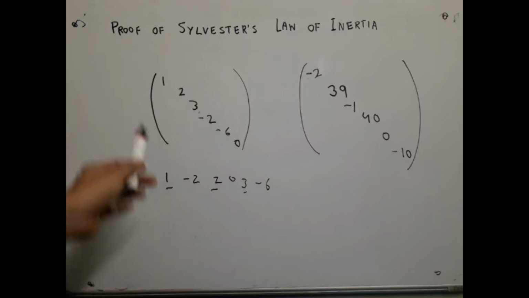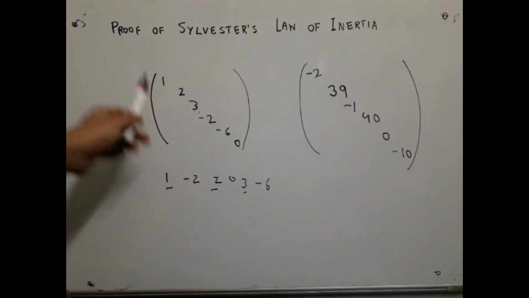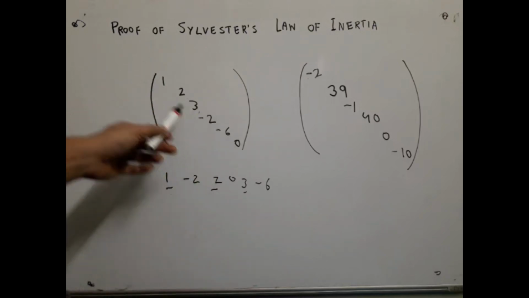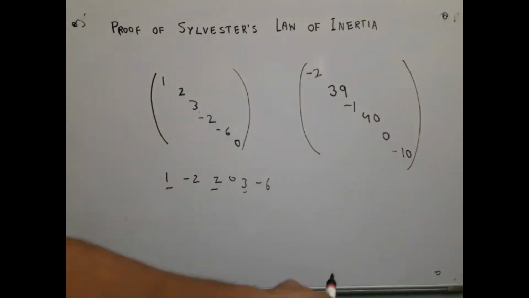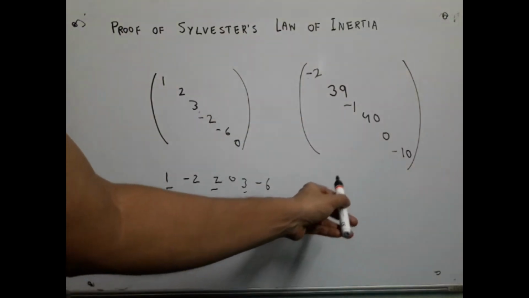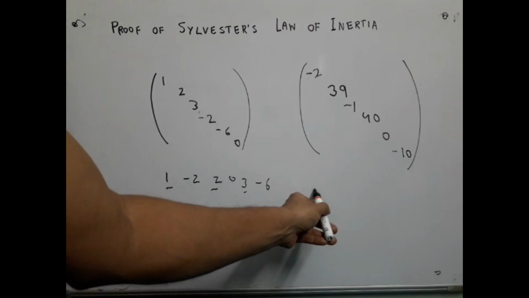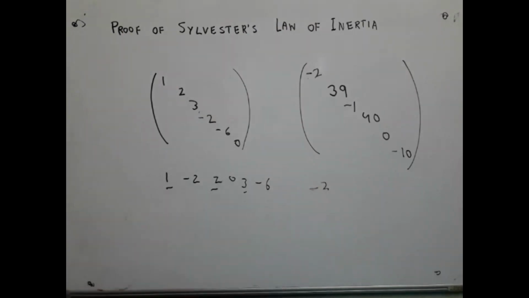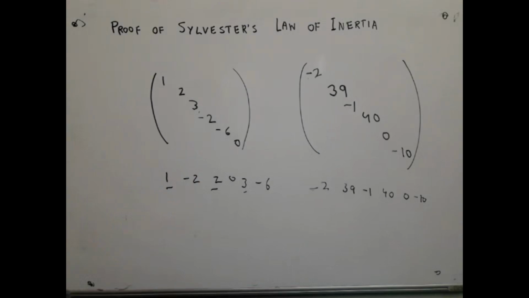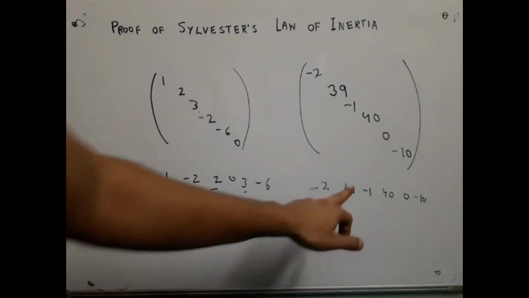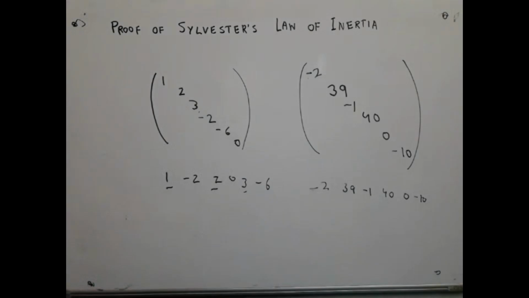Most books just write this step in a single line: without loss of generality, assume that all your positive entries are in the leading position. Well, I will do the same thing here. In this case, my entries are minus 2, 39, minus 1, 40, 0 and minus 10, of which only these two are positive.